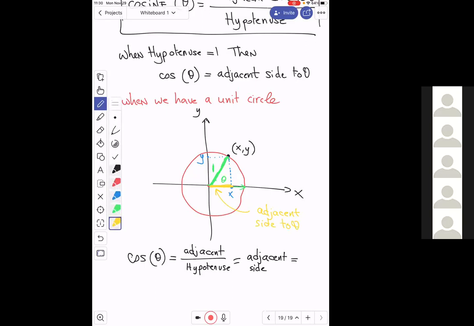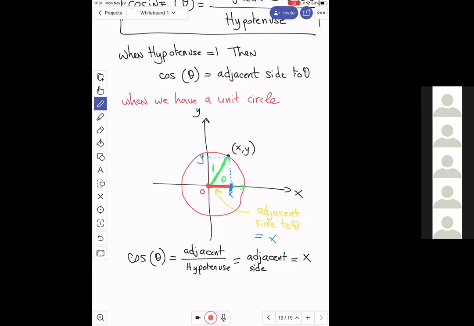Well, as you can see, the length is actually x, because from the origin, from 0 to x, that's the length of the segment. So the length of this adjacent side is equal to x. Here's your x.